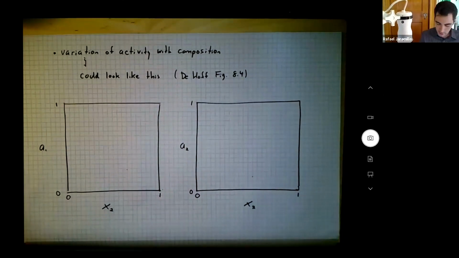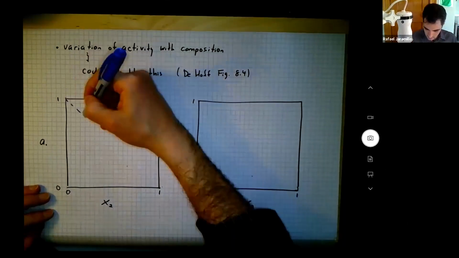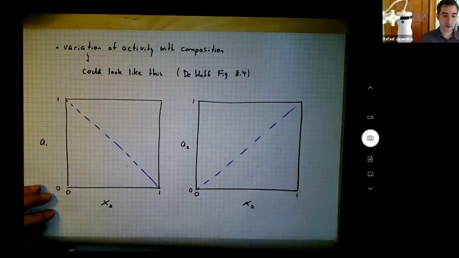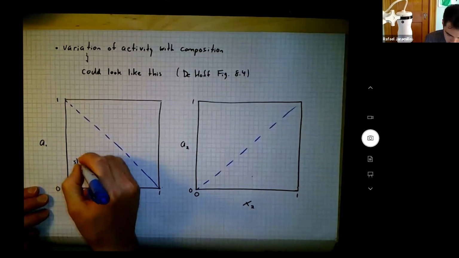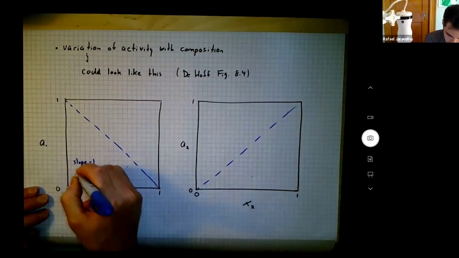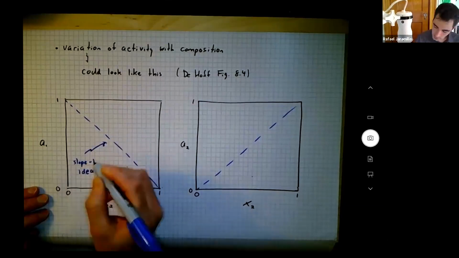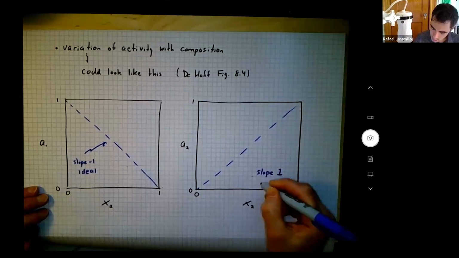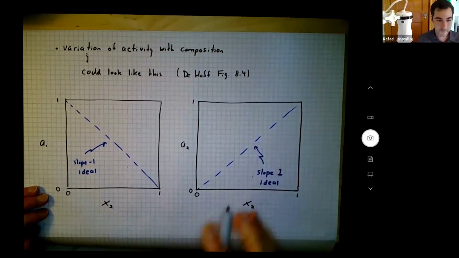And so the ideal solution model is that. Those are the ideal model. Slope -1 ideal. Slope 1 ideal. So the ideal solution model is like that.